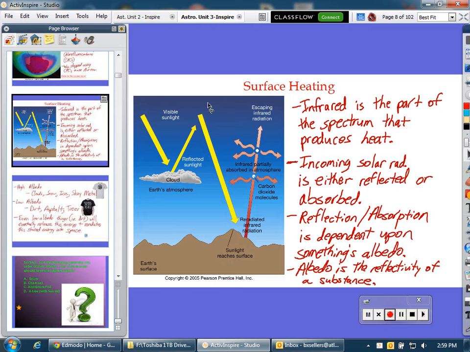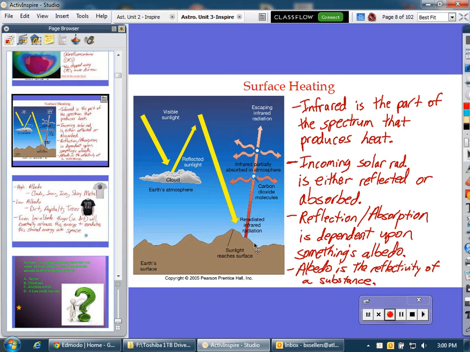The darker colored surface here will not reflect as much, so it will absorb more of the heat energy. A good example of this would be a blacktop asphalt road. It gets very hot because it's a darker color and will absorb a lot of infrared radiation.